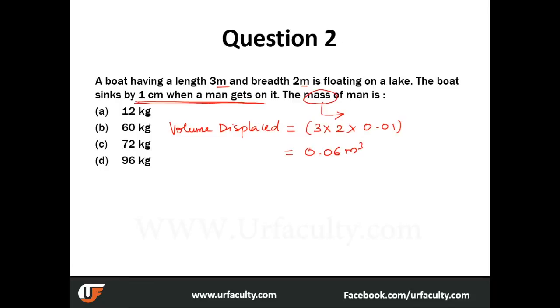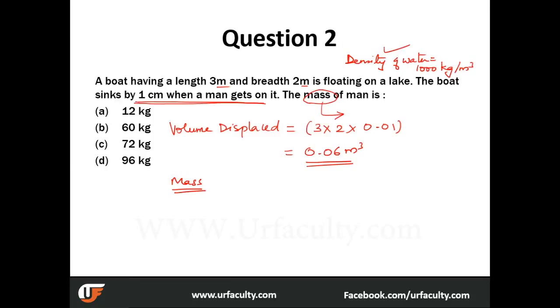Now, how do we find out the mass of the man? To calculate the mass, we should first know the density of water. So density of water is equal to 1000 kilogram per meter cube. We need to know that.